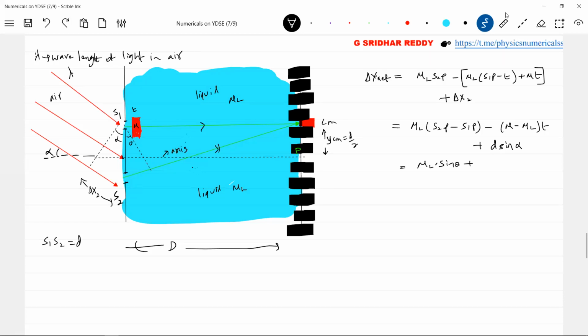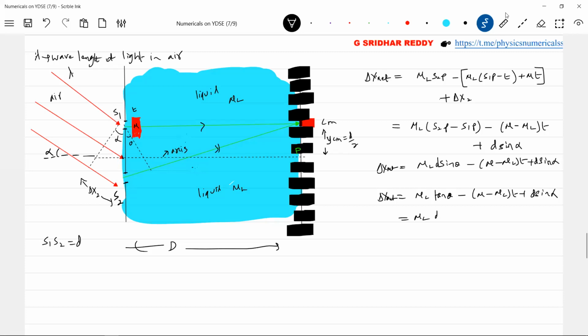So mu L d sine theta is delta x net. I'm interested in the position of maxima, so n lambda equals mu L. Next step: tan theta times mu, minus mu L T, plus d sine alpha.